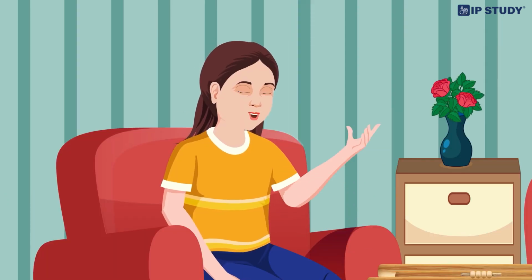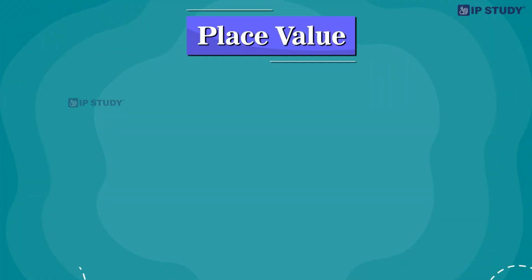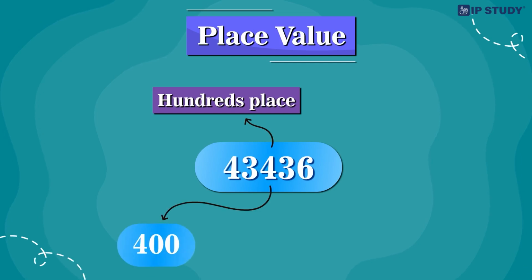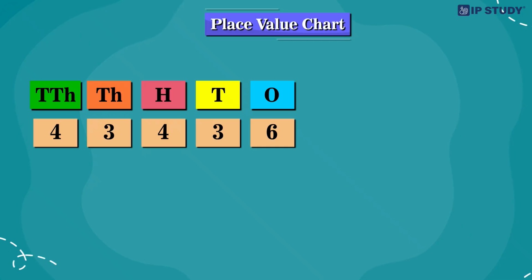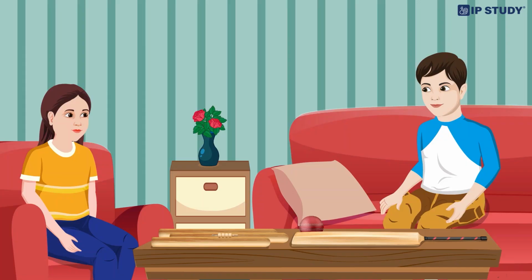Can you explain the concept of place value? Yes, the place value of a digit in a number is the value it holds based on its position. For example, in the number 43,436, the place value of the digit 4 in the hundreds place is 400. So, the digit 4 in the 10,000s place means 40,000.